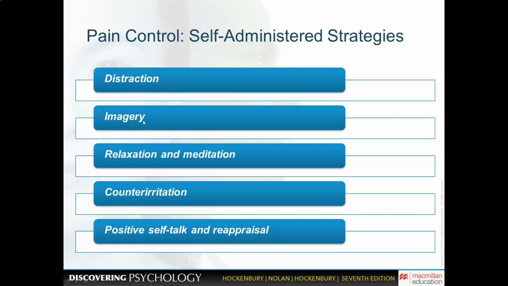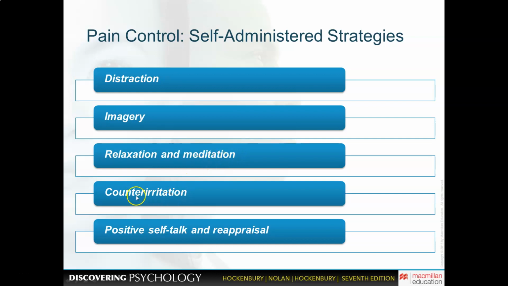For instance, if one has an injury, instead of focusing on it, they might be distracting themselves by focusing on happy imagery of them not being injured anymore and doing something really well using that limb. Relaxation and meditation have also been shown to be a useful strategy in pain control.